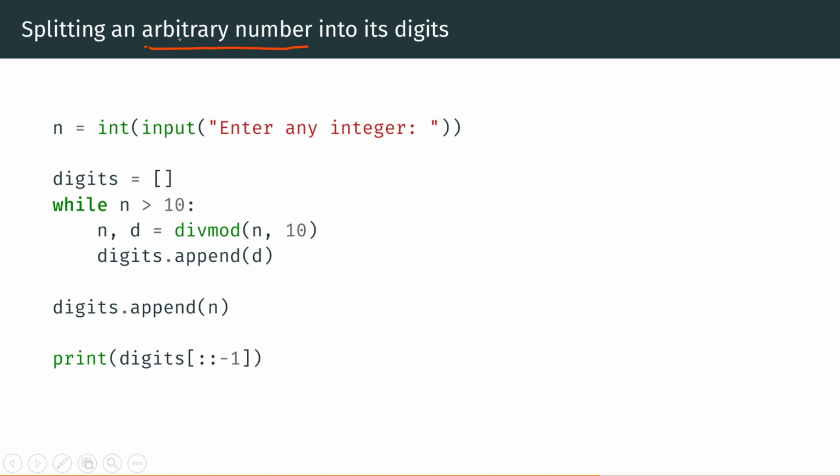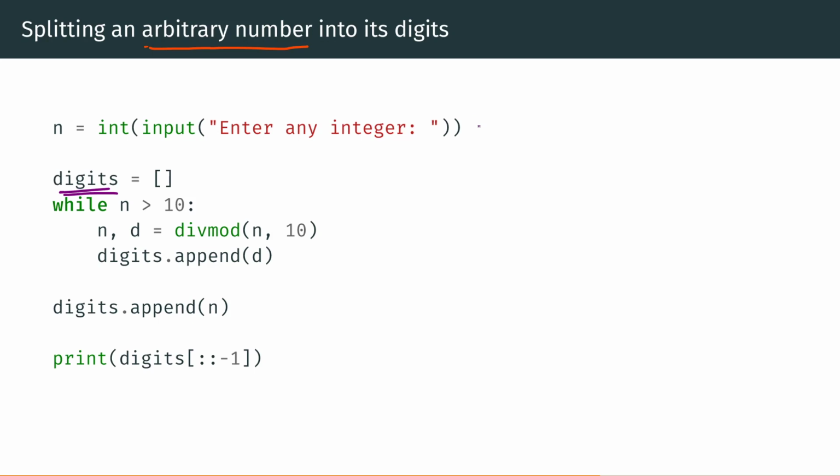What do we do if we have a number for which we do not know the number of digits? What we do is we create a list, an empty list called digits. As usual, we ask the user for an integer.